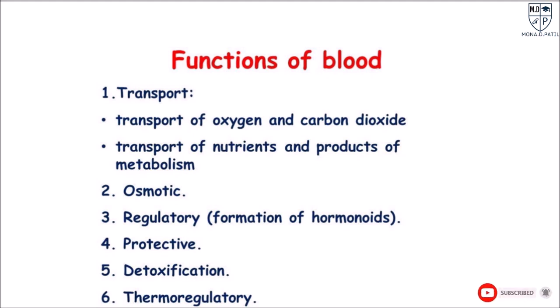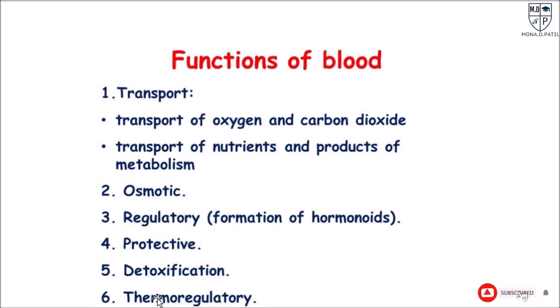Then protection. Antibodies are produced in the blood and they protect the body from microbes and other harmful particles. Then thermoregulation. Body temperature is maintained constant at 37 degrees Celsius by vasodilation and vasoconstriction. So regulation of temperature can be maintained.